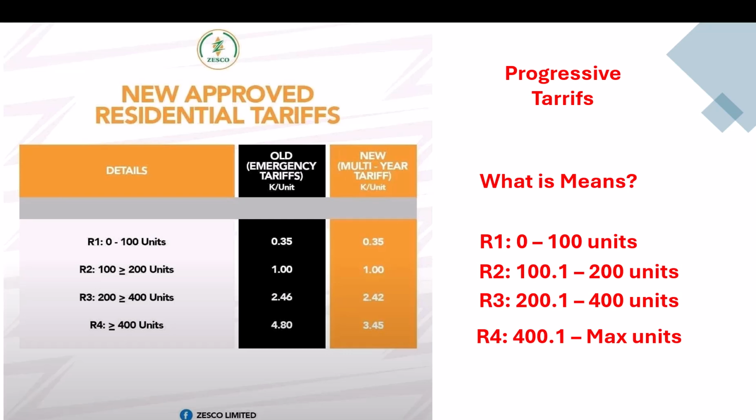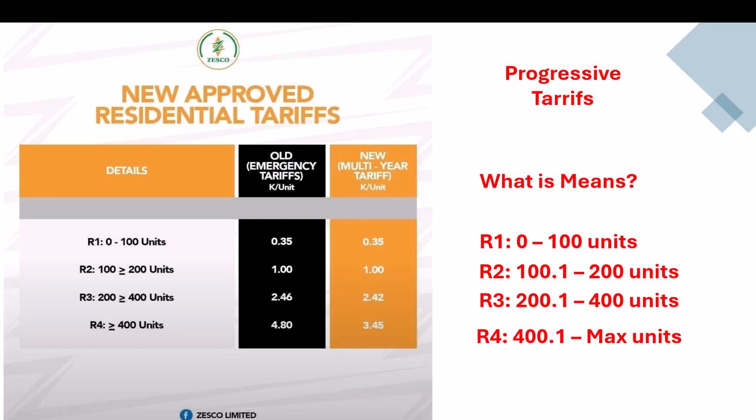Then any unit bought exceeding 200 units but less than or equal to 400 units is covered in band 3 or R3 of the residential tariffs and costs 2.42 Zambian kwacha per unit.